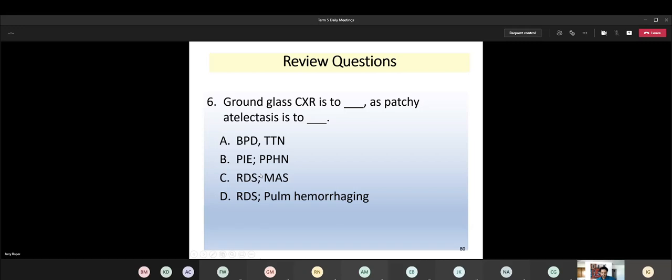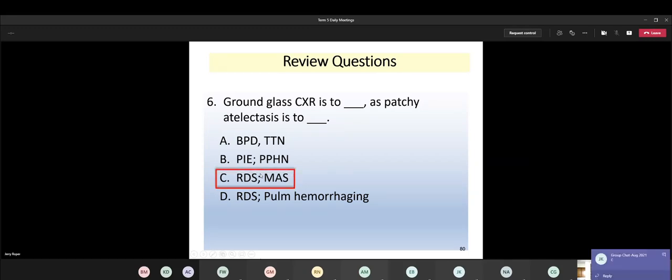So we've got an analogy here. What fits? RDS and MAS? Yes.